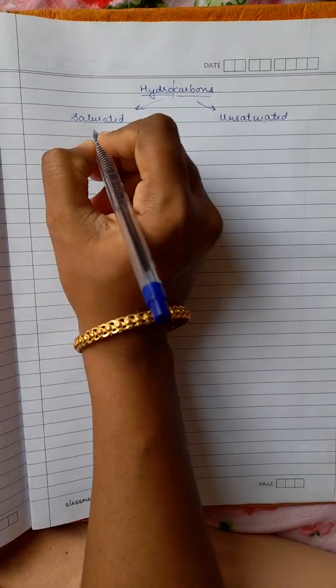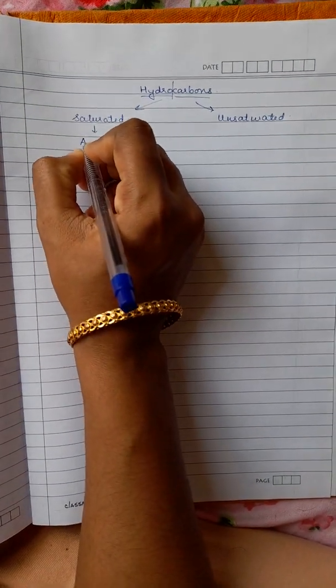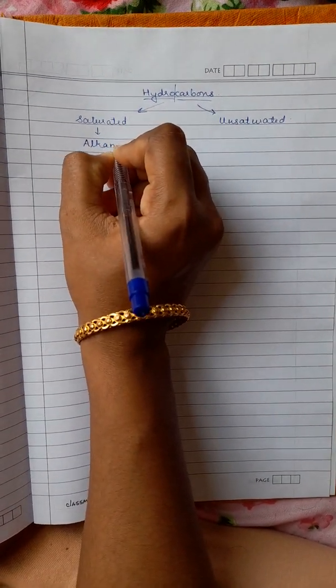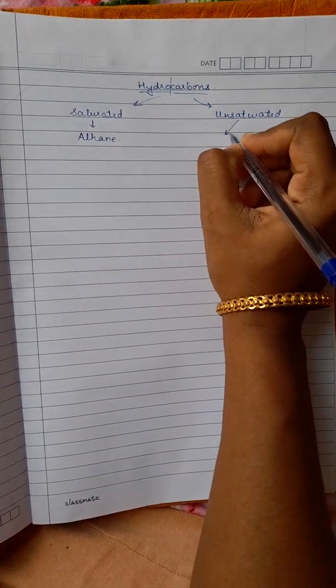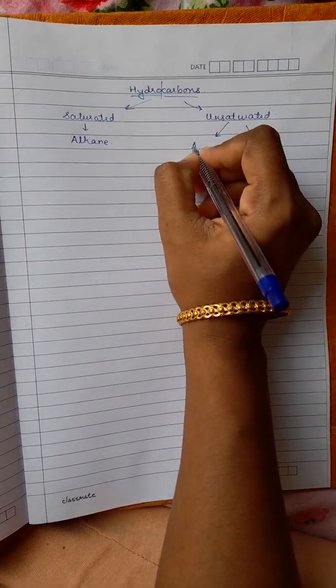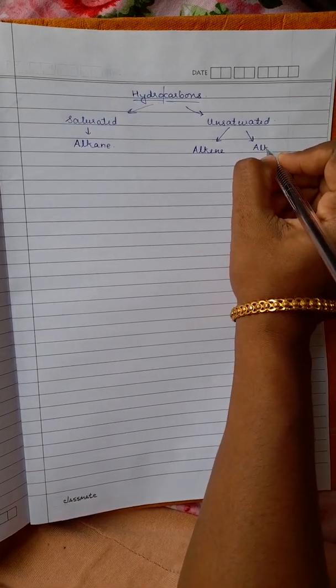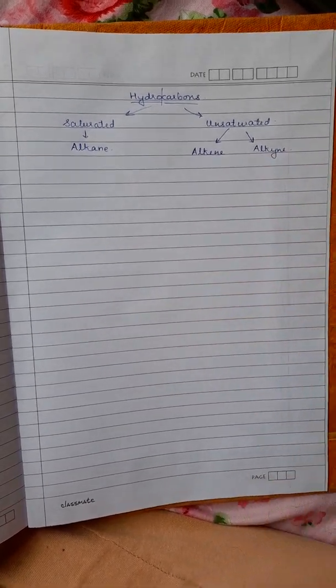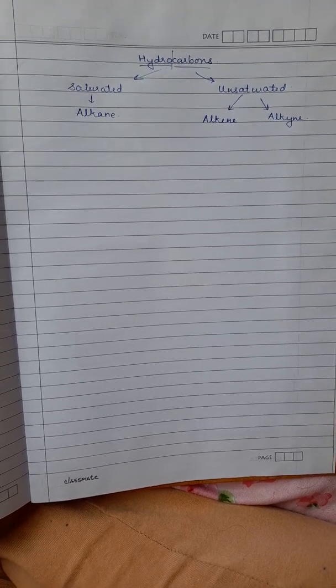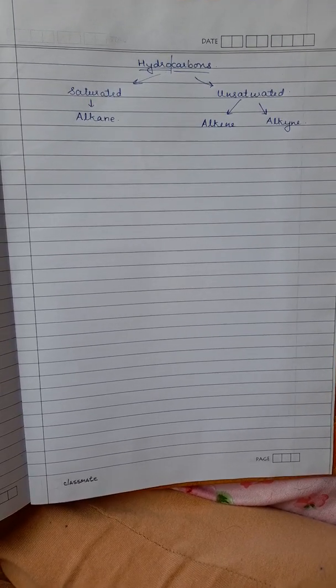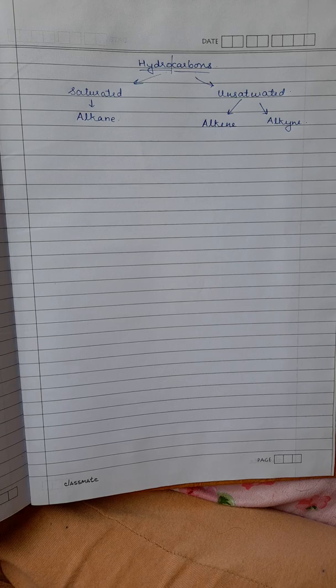Okay. Saturated are commonly called alkanes, and unsaturated are called either alkene or alkyne. So saturated is of one type, that is alkane. Unsaturated is alkene and alkyne.